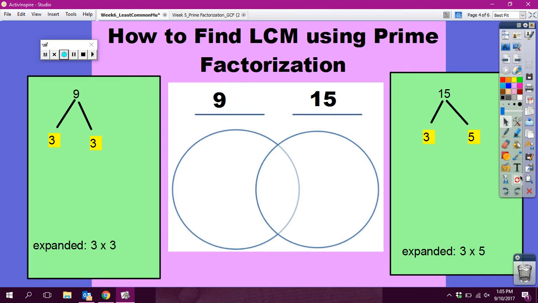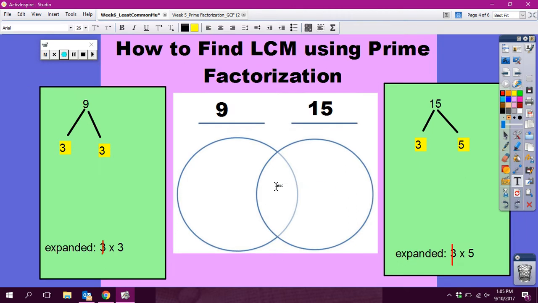Okay, so again, looking at what I have in common, I see that they both have one 3 apiece. So I'm going to put that in the middle. Need to unhighlight that though, that's distracting. And then 9 still has a 3 that the 15 didn't have, and 15 still has a 5.